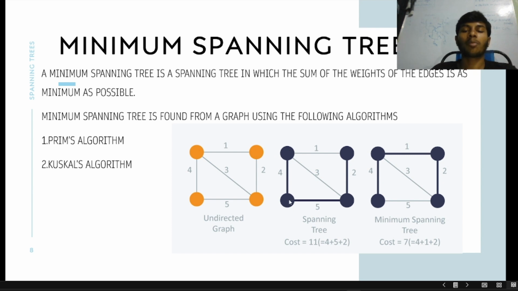We are making a spanning tree from this graph, and there is a sum of the costs. If we compare the sum of cost of all the spanning trees, the spanning tree which has the minimum cost is the minimum spanning tree.